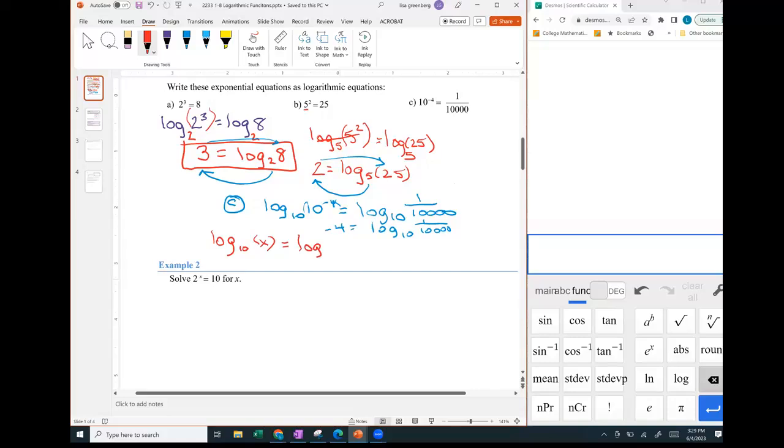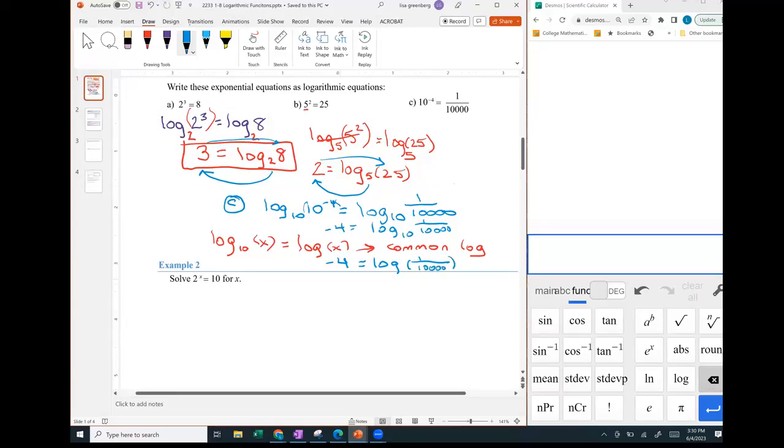Just like we don't need to put 1x, it's assumed. This is called the common log. So we actually don't need our 10. So if I wanted to finish the problem above, I can just say -4 equals log of 1 over 10,000.